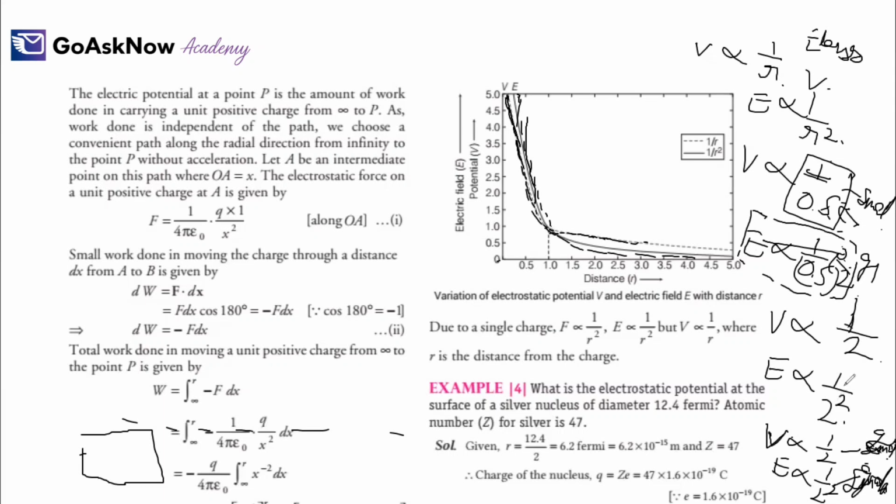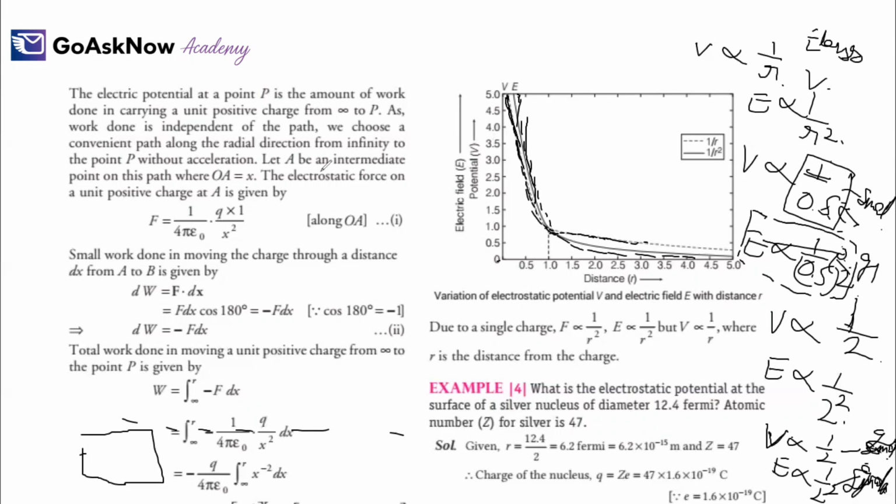Okay, so I hope you got this point, how the graph is drawn and why the E versus R graph is above the V versus R graph in the region 0 to 1, and after that it is below the V versus R graph in the region 1 to infinity. Okay, so that is all about this topic.